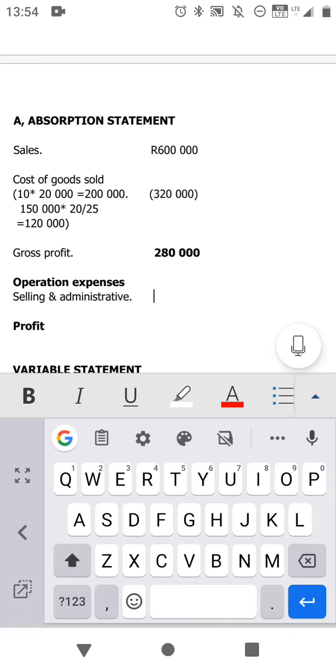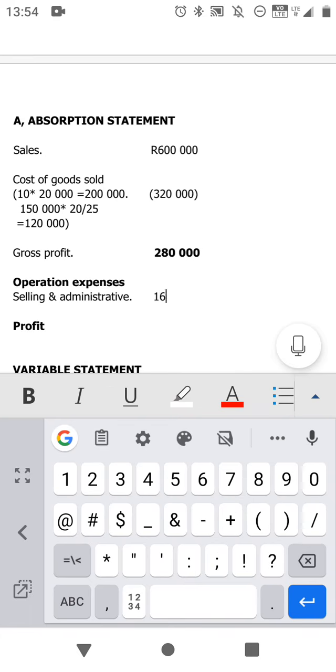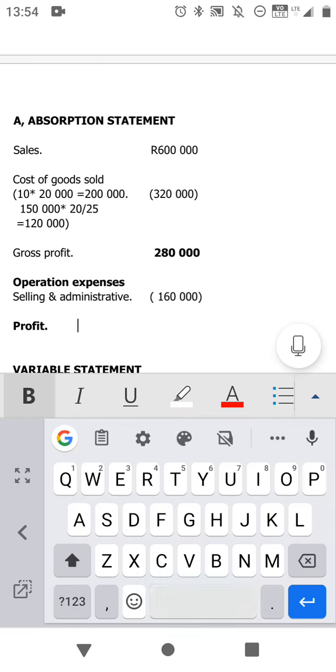160,000 is an expense. Don't forget to deduct it. Then after that you can get the profit.